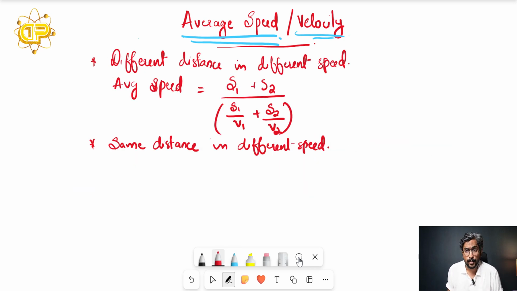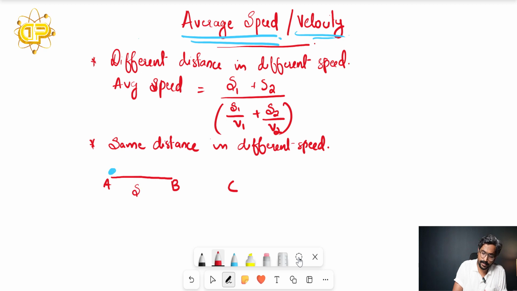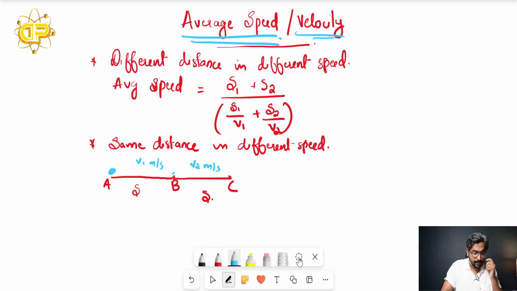So in the second scenario, say this object is moving from A to B and then B to C. Here the scenario is that this is distance S and from B to C is also distance S. But the object is moving from A to B at V1 meter per second and from B to C it has a speed of V2 meter per second. So how can I find out the average velocity?